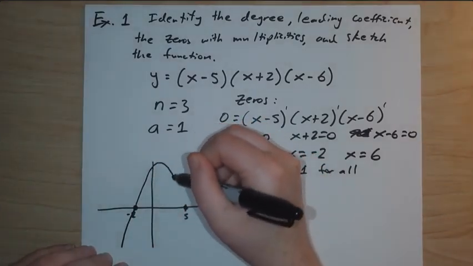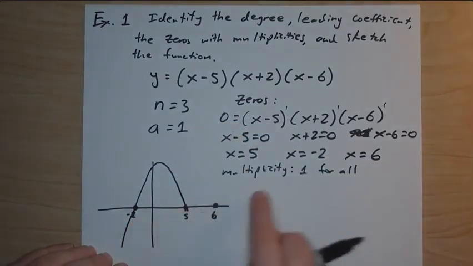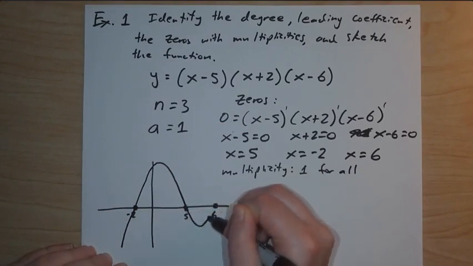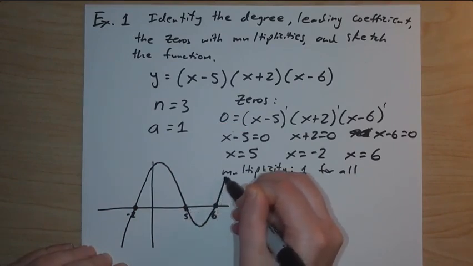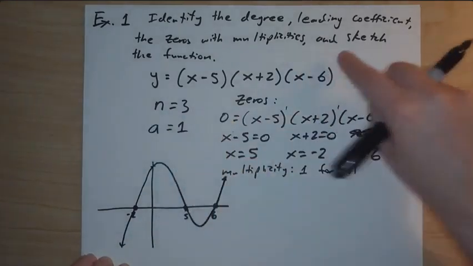It's going to come down to 5. Again, it's going to pass through all of these zeros because each zero has multiplicity 1, which is odd. Then it's going to come up through 6 and go up on the right. So that's all the information we have. We don't really know where the y-intercept is, but here's a little sketch of what it probably will look like, and the answers to the rest of the questions.